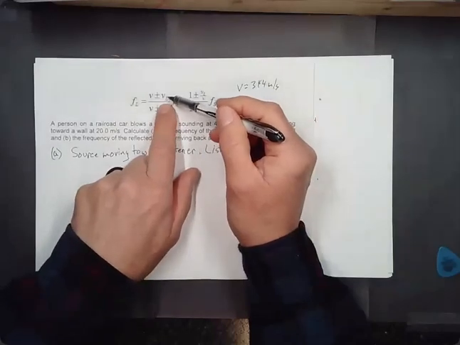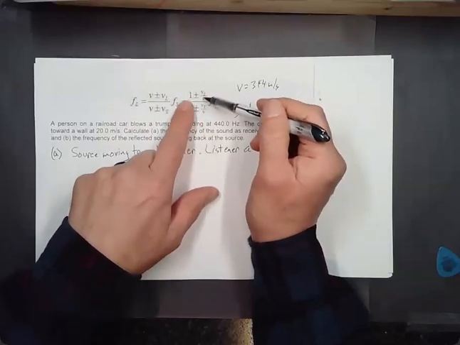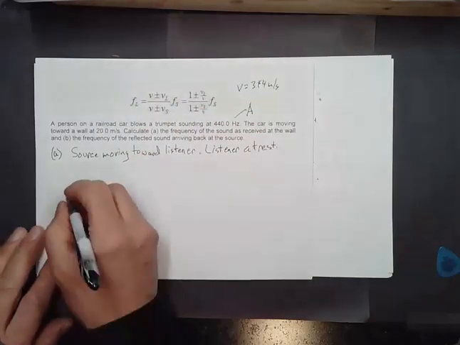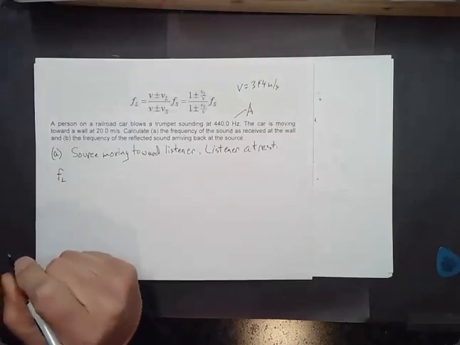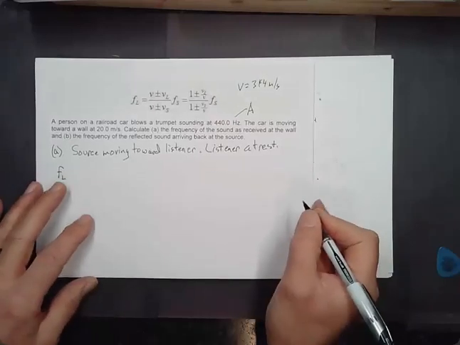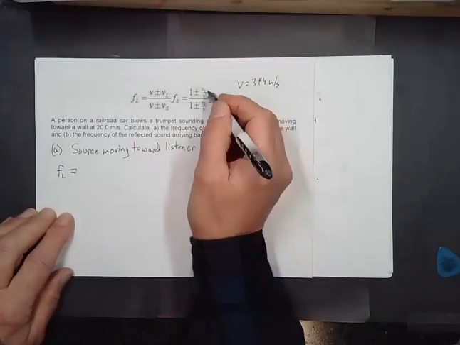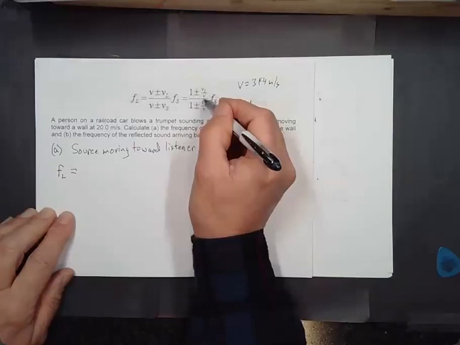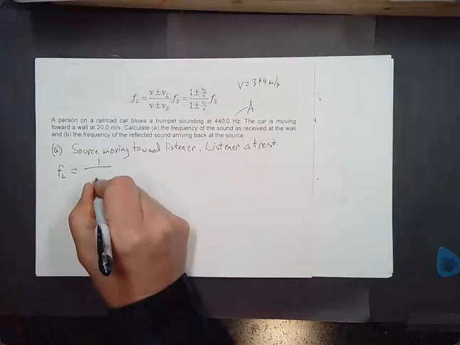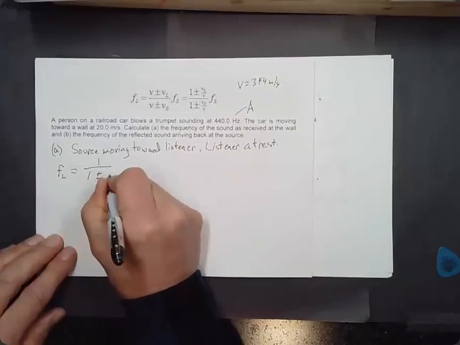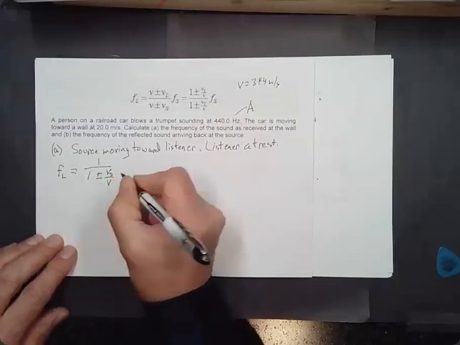The listener is at rest, so this is 0. And on top, if we use this formula, we'll have just a 1. And so the frequency heard by the listener, which could be thought of as maybe a person standing there at the wall, or maybe the wall itself, if it's an inanimate object. The listener is at rest, so this term is 0, and we'll just have a 1 on top. And then on the bottom, we'll have 1 plus or minus the speed of the source divided by the speed of sound.